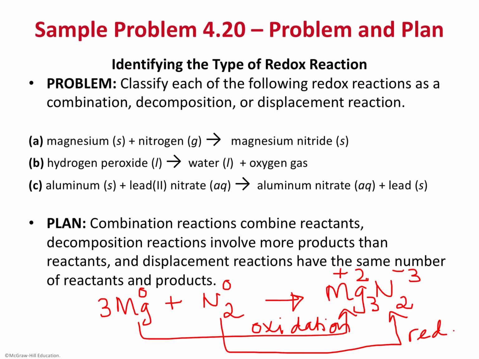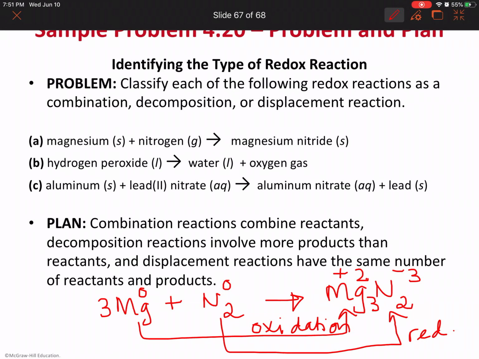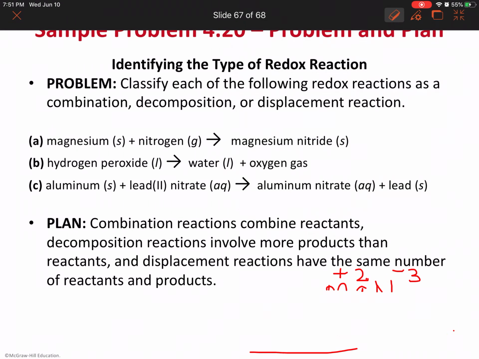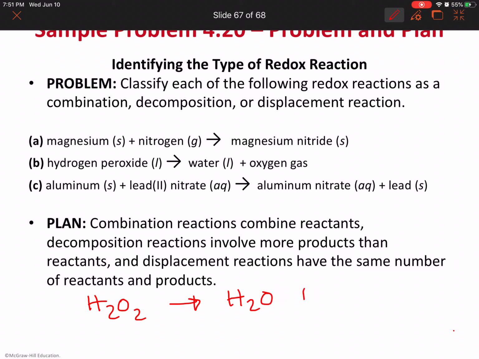And then hydrogen peroxide. What's happening with hydrogen peroxide? H2O2 decomposed to give you water and oxygen gas. Now remember, oxygen oxidation number is -1 in a peroxide.